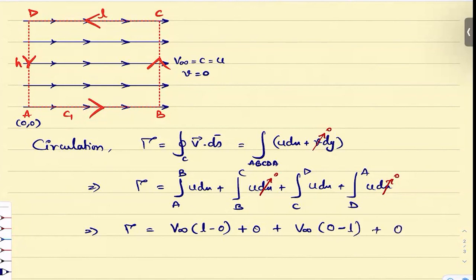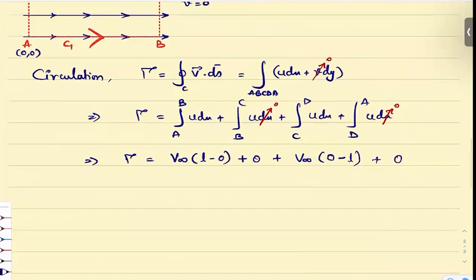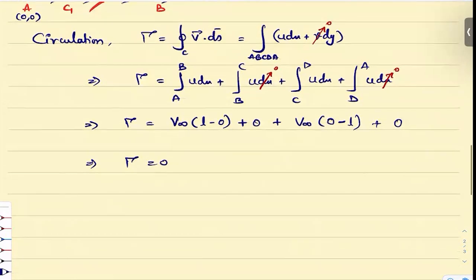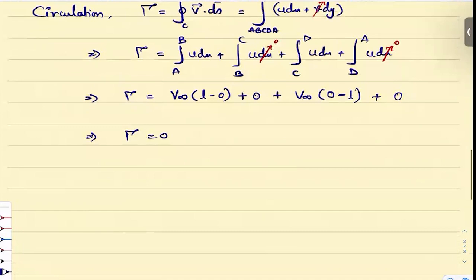Plus D to A, it is 0. So what do you get? Net gamma equals to 0. You write like this. Can I go ahead? Yes, sir. Right.